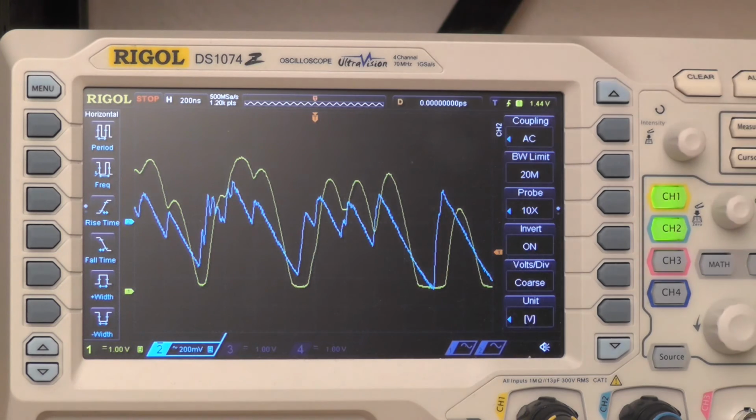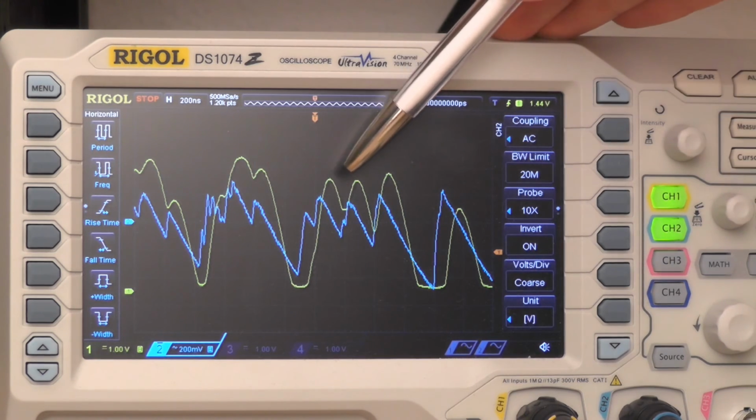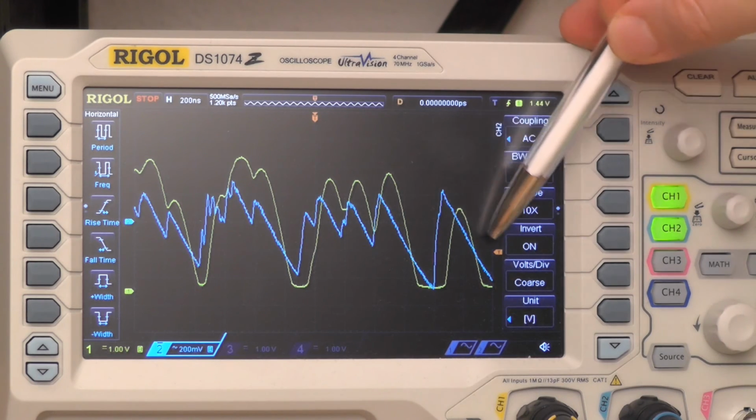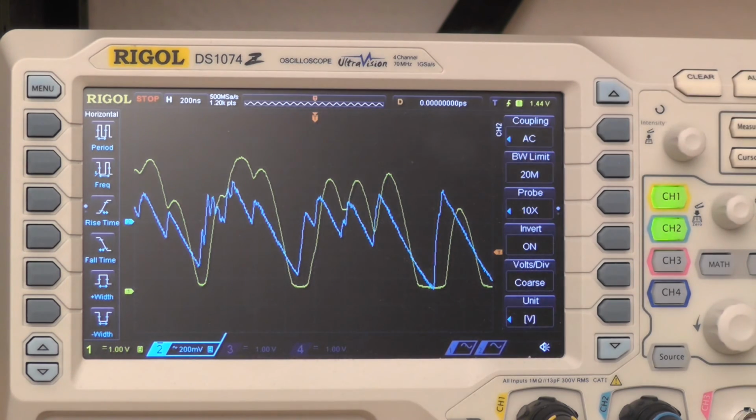And you see here that the yellow signal is kind of delayed and smoothed out, and generally follows the first stage signal, which is pretty much all we need right now. So at this point we have a working noise generator.